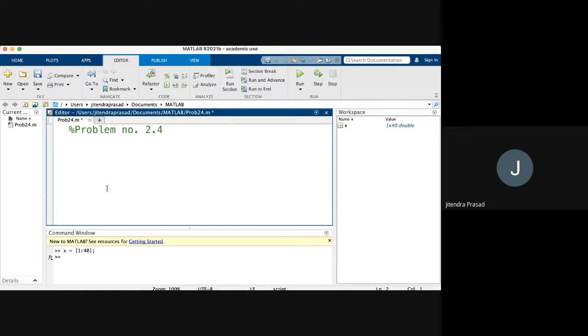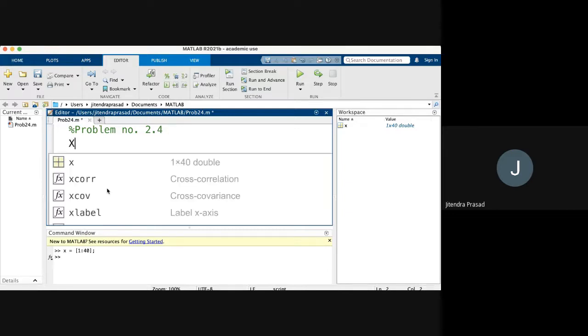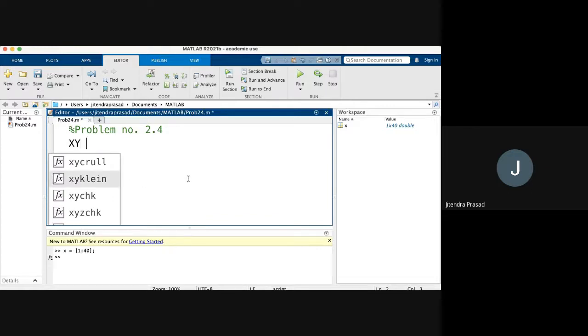First of all, we have to define xy. So xy is my variable, and we are going to give the x and y coordinates of all the nodes. The first node, if you remember, was -1, 1.